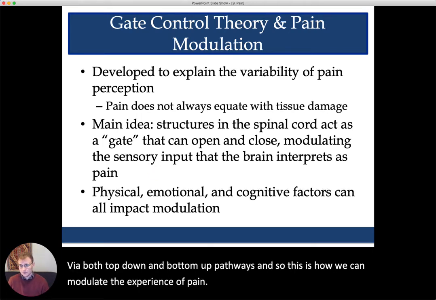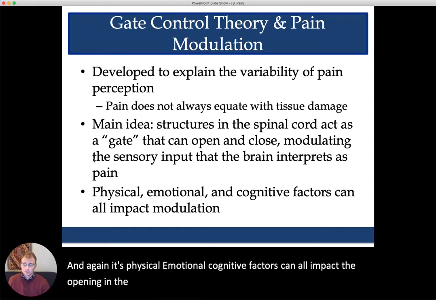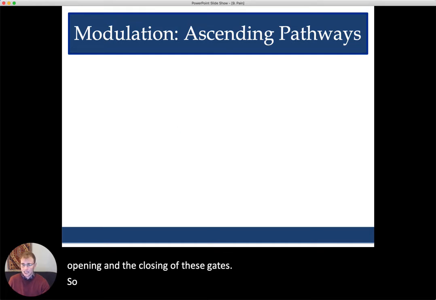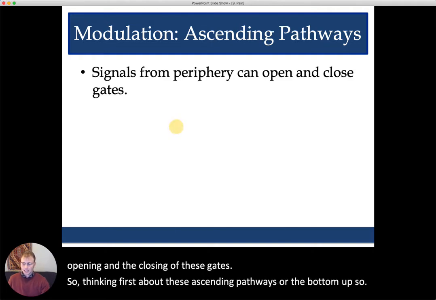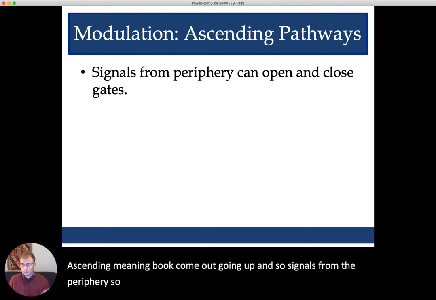Physical, emotional, and cognitive factors can all impact the opening and closing of these gates. Thinking first about the ascending pathways, or the bottom-up, ascending meaning going up, signals from the periphery, so signals from stimulation of the body, can open and close these gates.